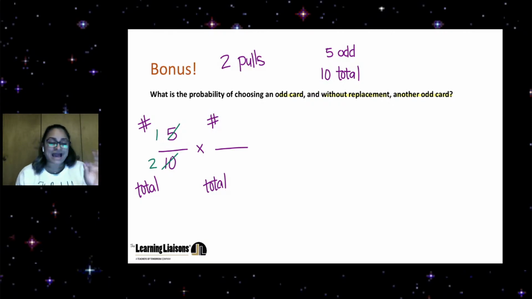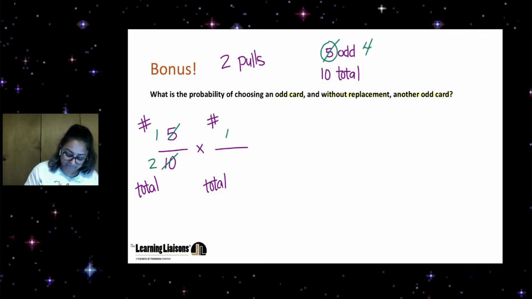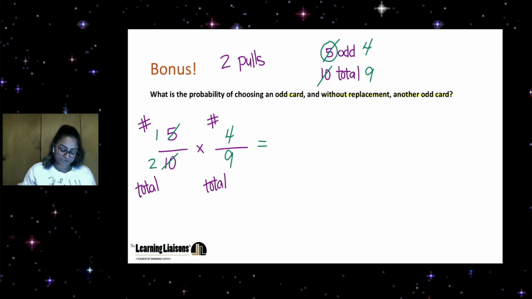Now, without replacement means if I take it out, I'm keeping it. I'm not putting it back in the bag. So how many odds do we now have left in the bag? If we started with 5 and we have 1 less, now we have 4. And if we started with 10 and we have 1 less, now we have 9.